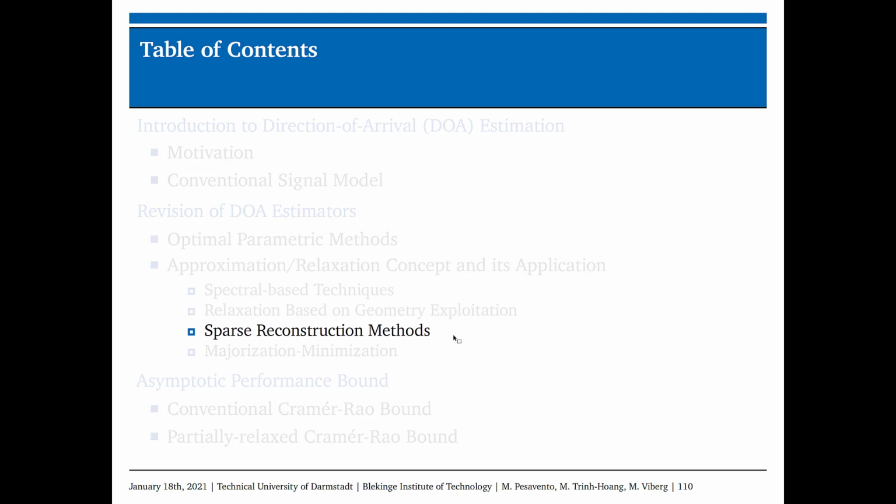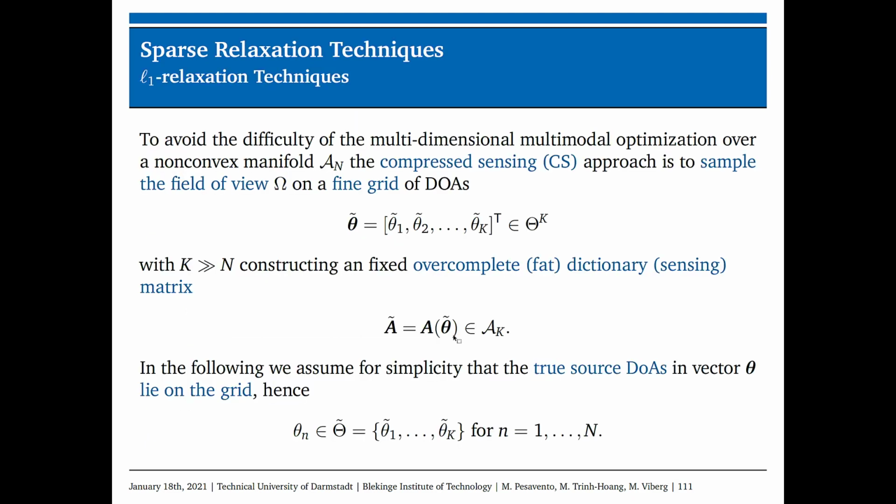The basic idea of sparse representation techniques can be explained as follows. To avoid the difficulty of the multidimensional multimodal optimization of a non-convex manifold A_N, we can sample the field of view over a fine grid of K candidate DOAs, denoted with theta tilde.